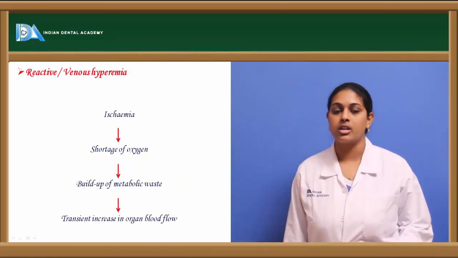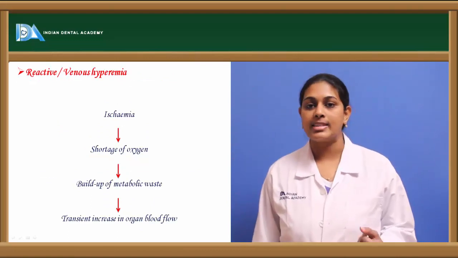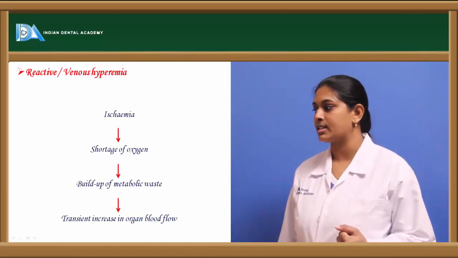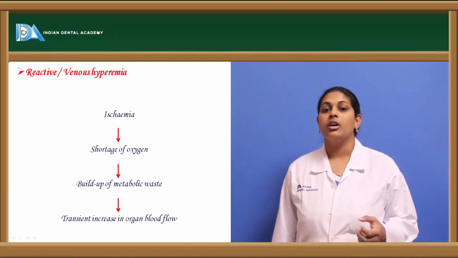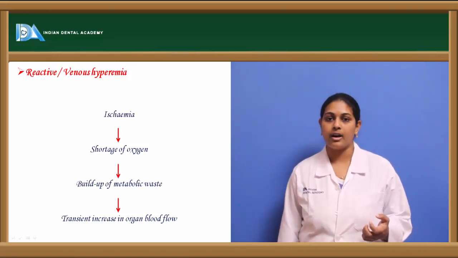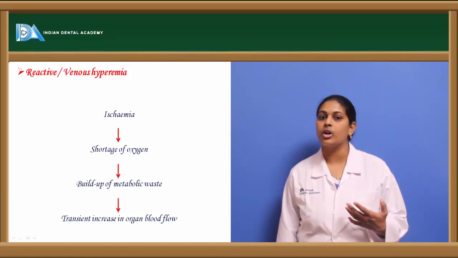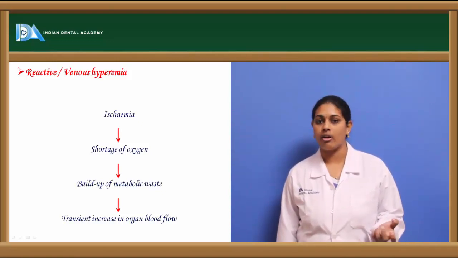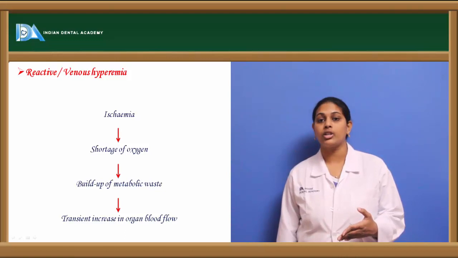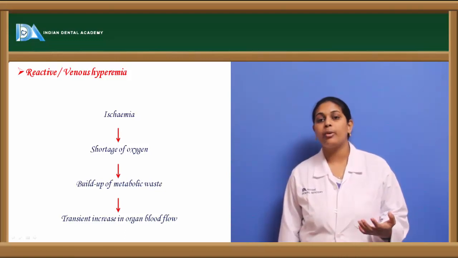Coming to the reactive or otherwise venous hyperemia. What happens in reactive or venous hyperemia is, take a condition known as ischemia, where there is a shortage of oxygen because of lack of blood supply. So when there is a shortage of oxygen, there is a buildup of metabolic waste.